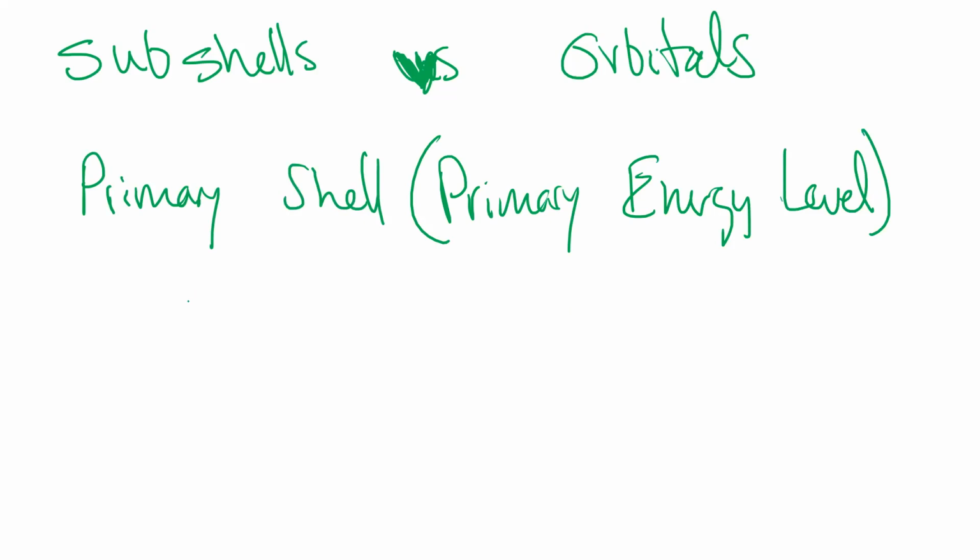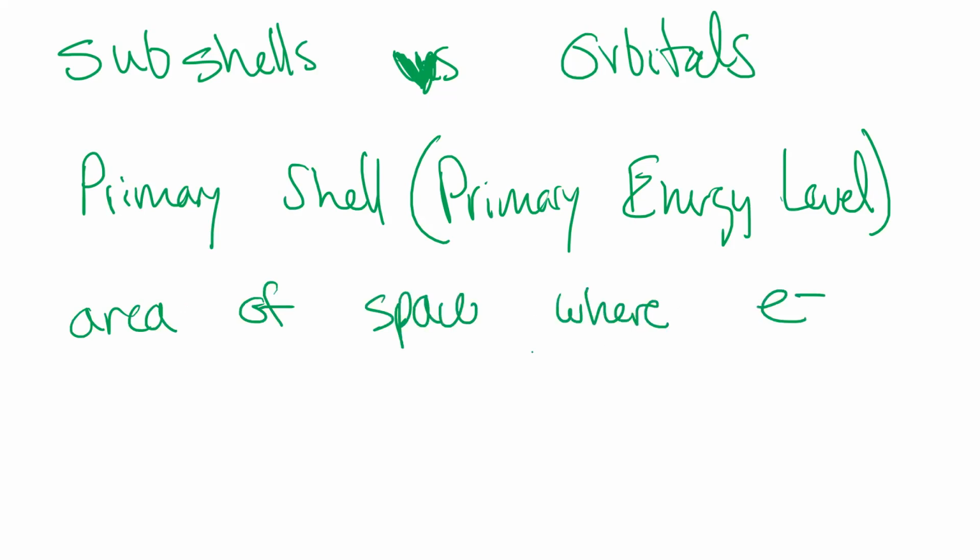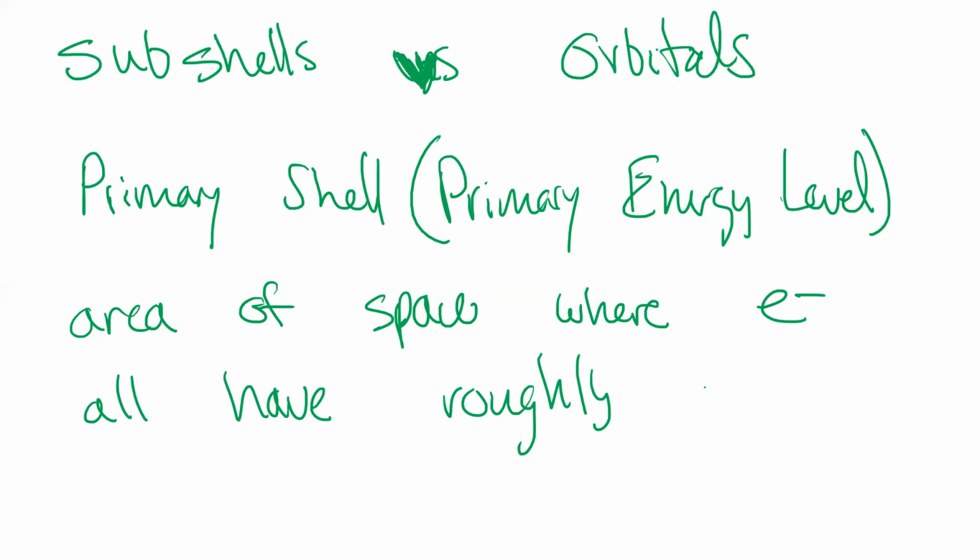What that means is you're talking about basically an area of space where electrons all have roughly, approximately the same energy. Okay, the primary shell.